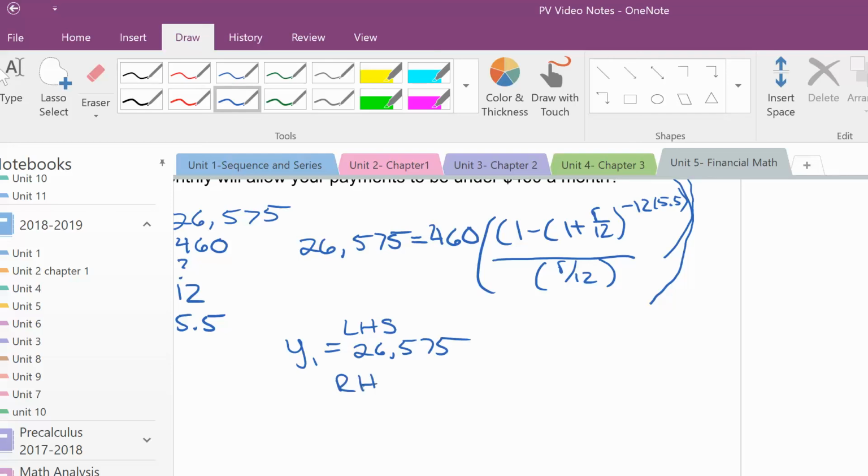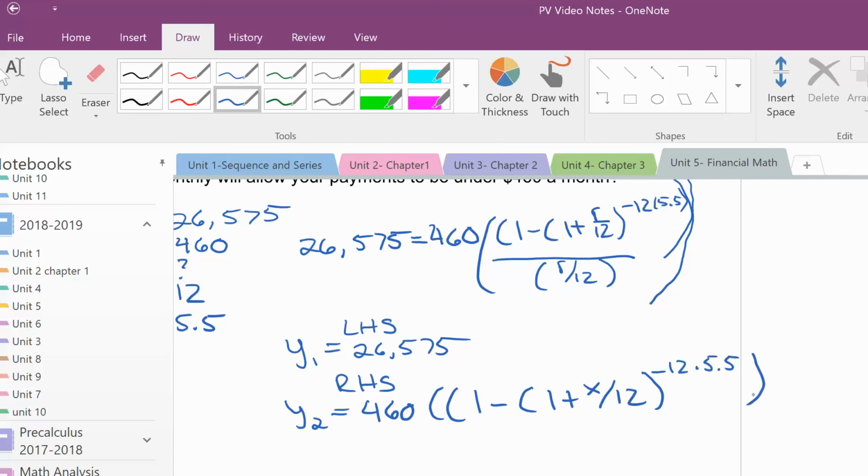The right-hand side is y sub 2, which is 460, and then 2 parentheses, 1 minus 1 plus x divided by 12, raised to the negative 12 times 5.5 power, divided by x over 12, parentheses.